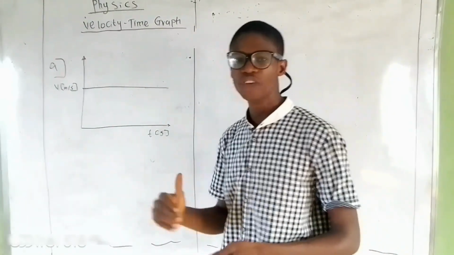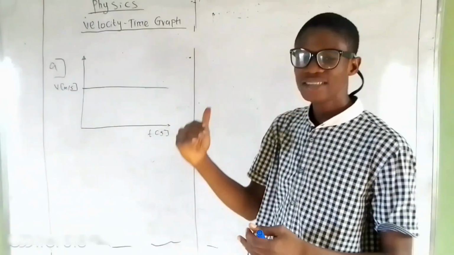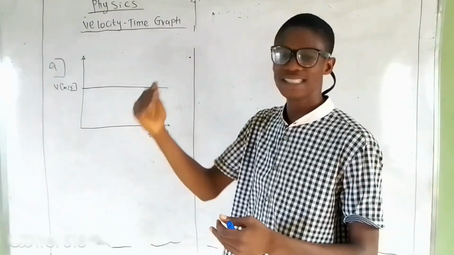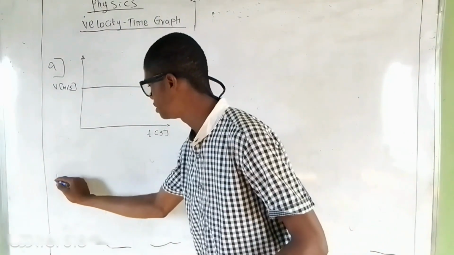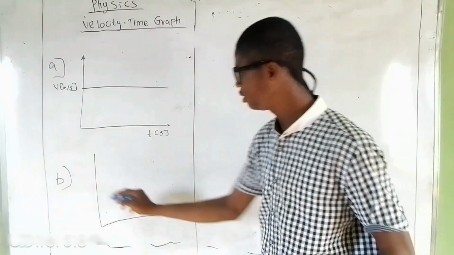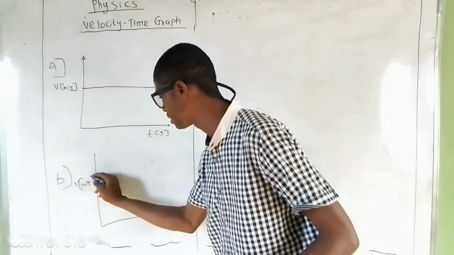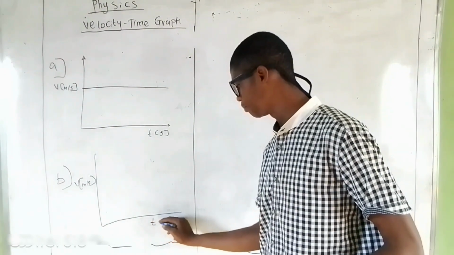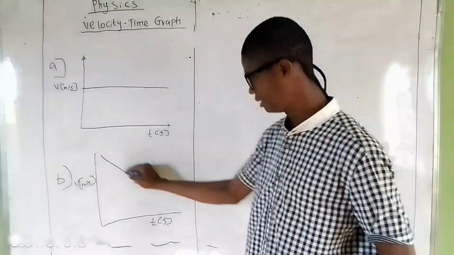But when it is moving with a decreasing velocity, all I mean is that the velocity is decreasing with respect to time, we draw it like this. The same thing here, we have our velocity in m/s and our time in s, but it will not be drawn like the first one.